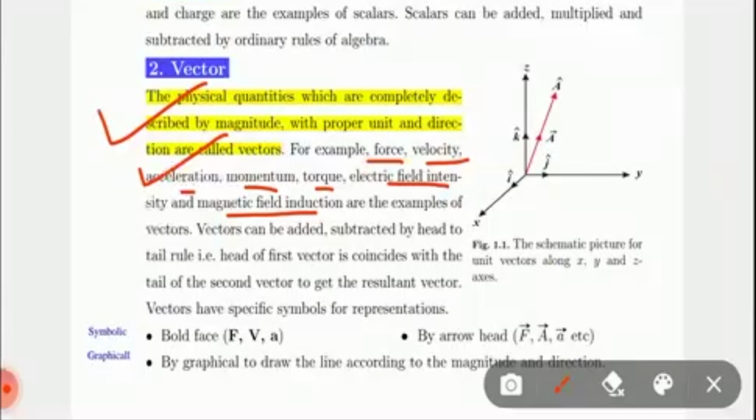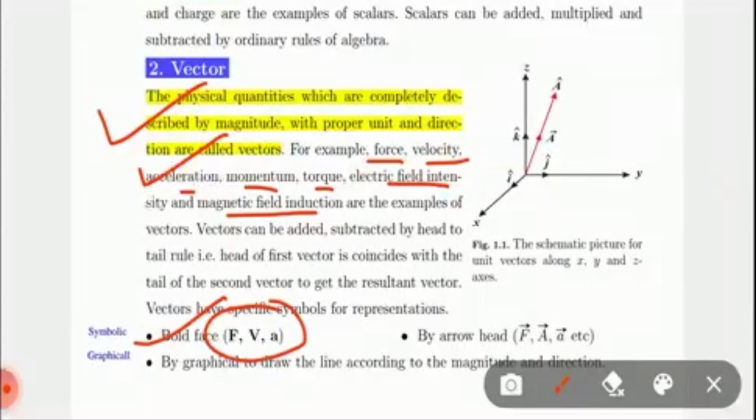And in order to add, multiply, or subtract vector quantities, we use a special algebra, known as vector algebra, which we will discuss in this chapter. We can express vectors symbolically, using bold face letters to express vector quantities.